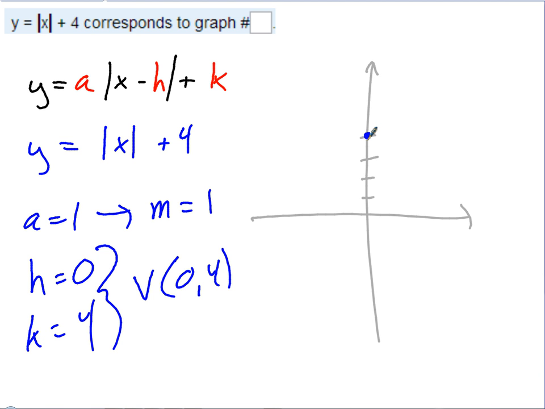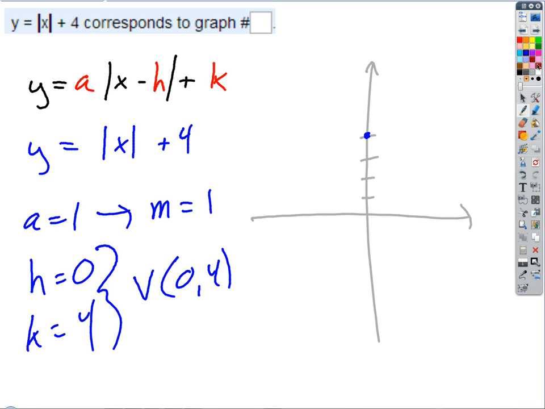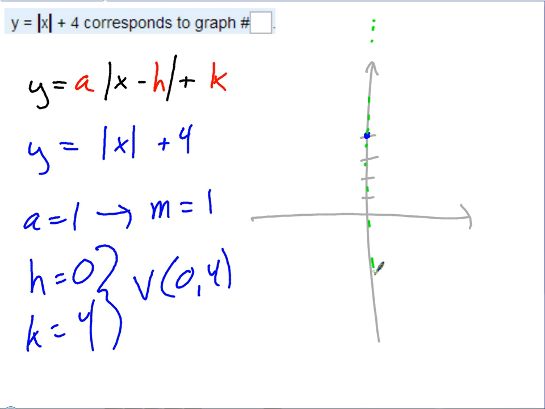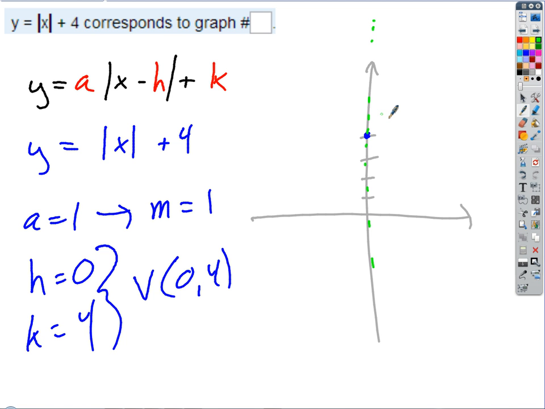And then when I want to graph the right side of the V, there's my fold in the paper, that's the axis of symmetry of the V. On the right side, my slope is 1, so I'm just going to go up 1 and over 1.